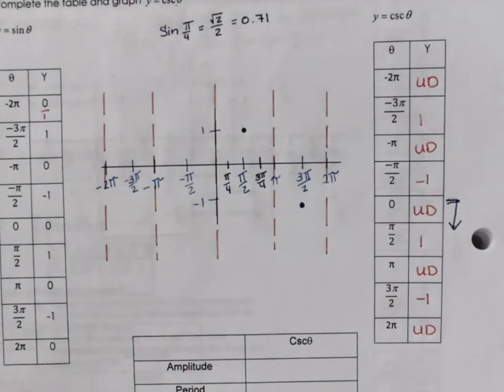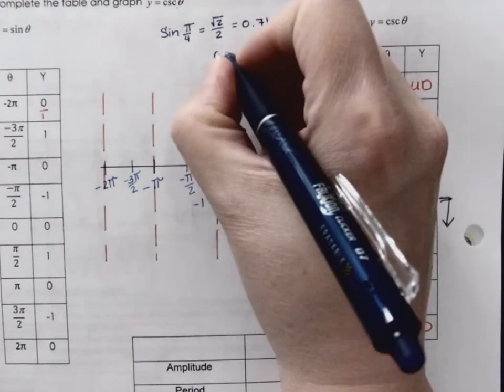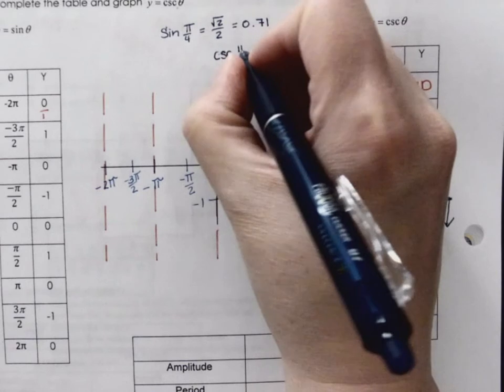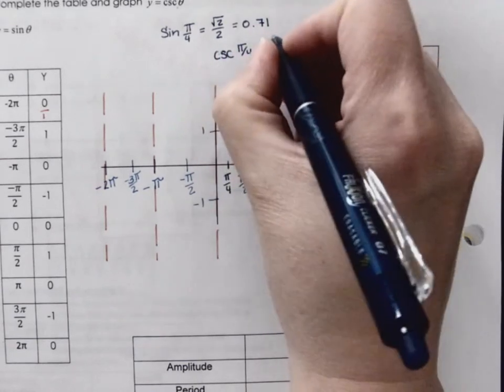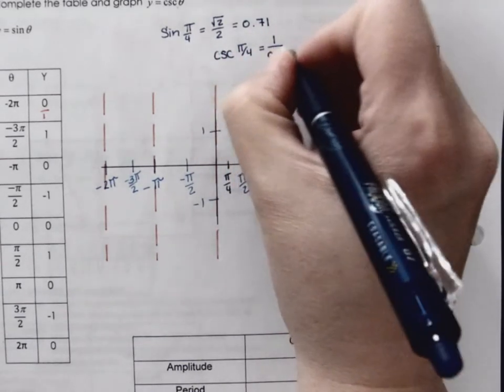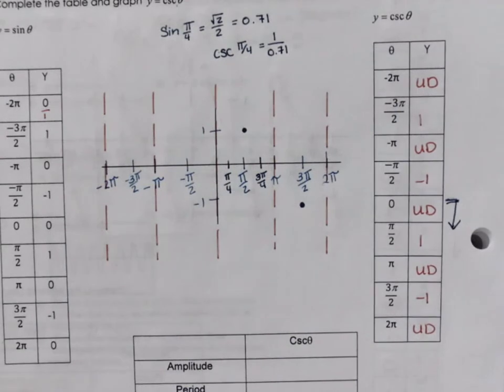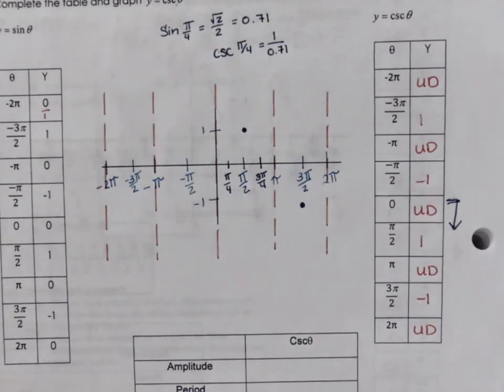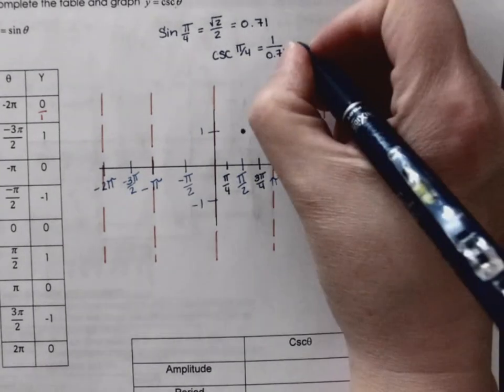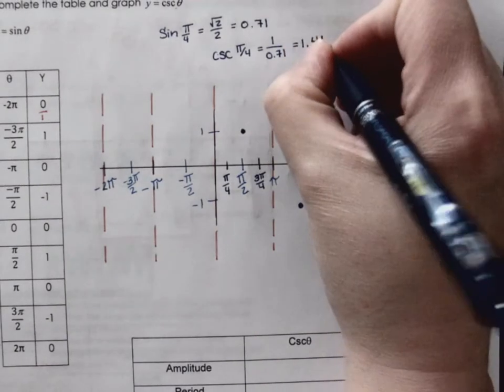So now we know that about sine, and we need to do cosecant of it. So we know cosecant of pi over 4 is equal to 1 over 0.71. Why can't we just do 2 over root 2? Okay, or you can do that. Is that better for you? I'm just trying to show all my steps so that everybody sees what's going on.